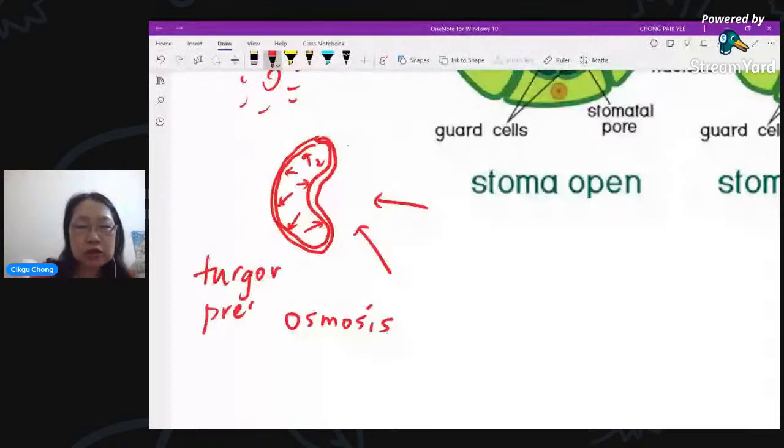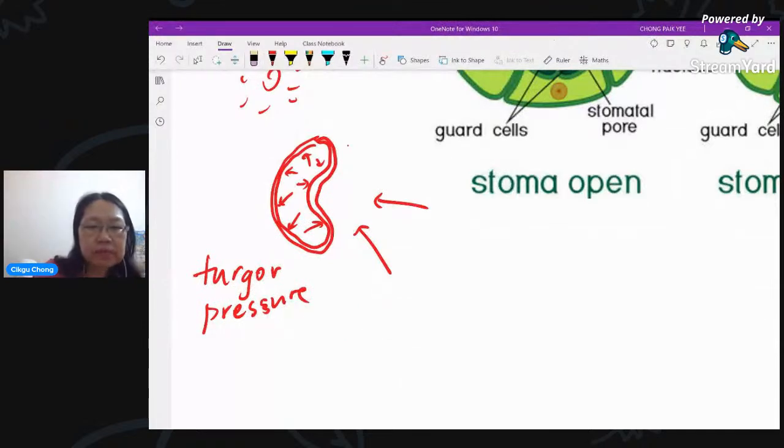The process of water going in and out is called osmosis. But the pressure is called turgor pressure, and it makes the cell become turgid. Turgid means the cell is very tight and very, very hard.